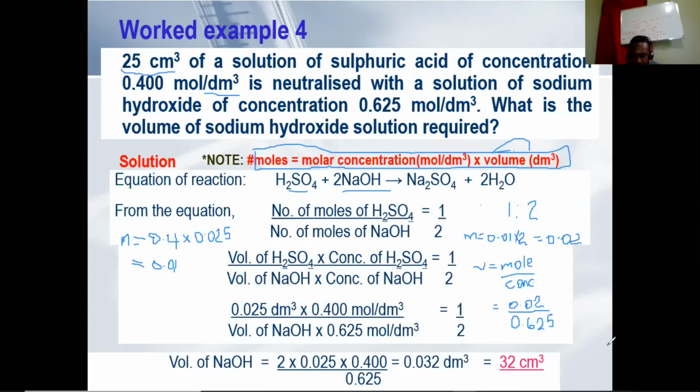And let me just confirm that it's the same answer, right? And you will get 0.032. But remember, this is in dm cube. So if you need to change it to cm cube, we multiply by 1,000 and you get 32. All right, so that's clear for everyone. All right, great. Anyone else has any problem before we move on? All right, so I'll take that everyone is good, so we can move on from this.